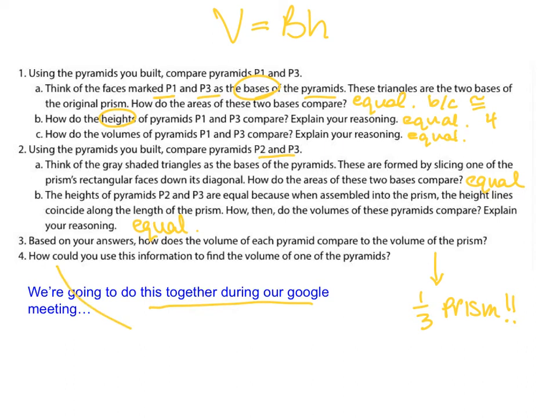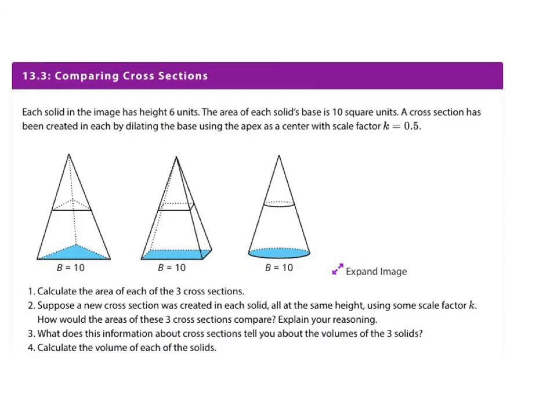So we know that the volume of the prism equals big B times H. So the volume of the pyramid is 1/3 big B times H. Cool. That was the goal of today's lesson.